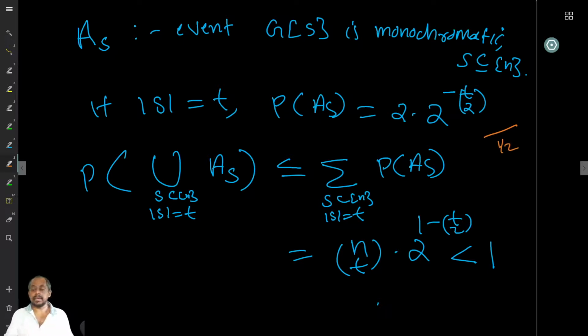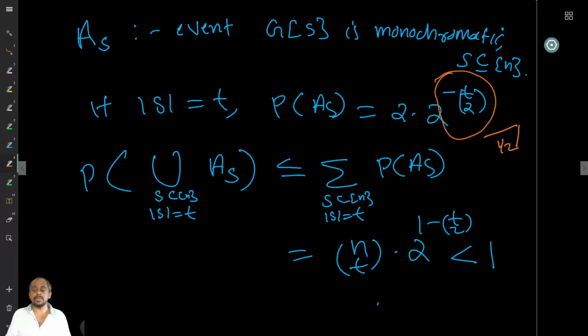Then the second edge was also colored red with probability half, and again the third edge, fourth edge, and so on, till all the edges of this complete graph. How many edges does this complete graph have? It has t vertices, so it has t choose 2 edges. So all the t choose 2 edges happen to be colored red.